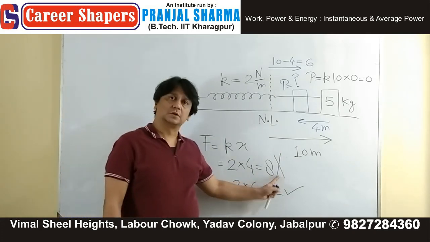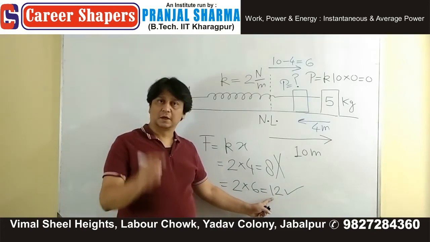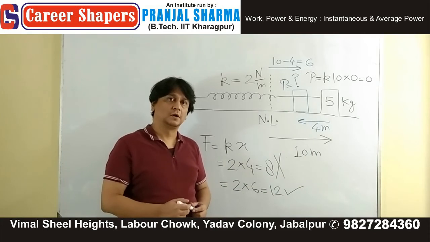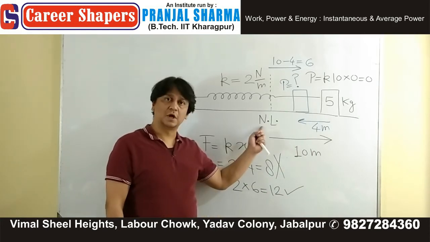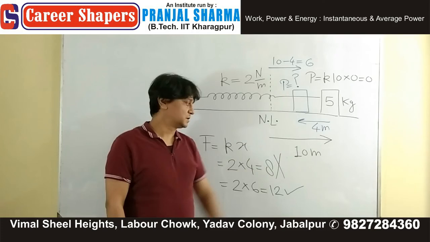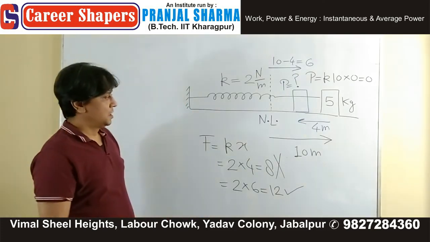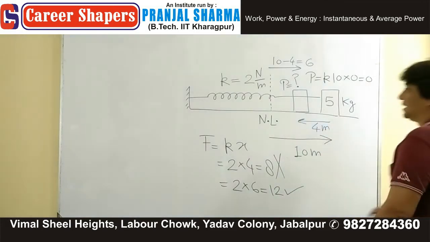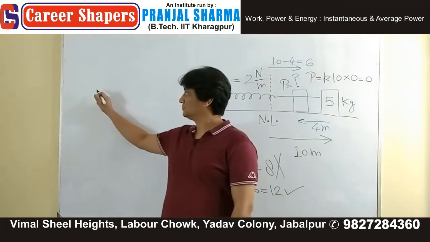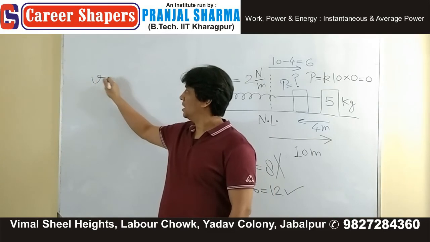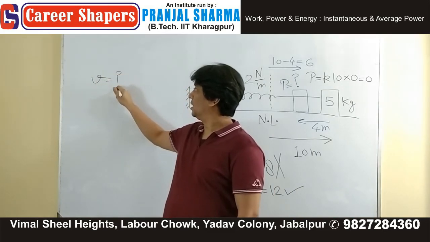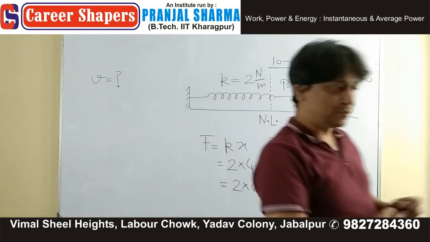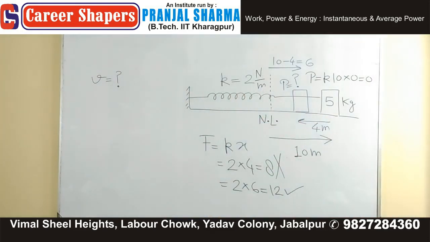Take across, this is the correct part. What do you have to remember? K times deformation, counted from where? From the natural length. Now we have got the force, we have to find V. We need to find V. What is the approach one should use for finding V?